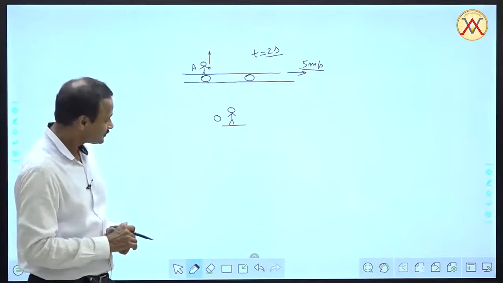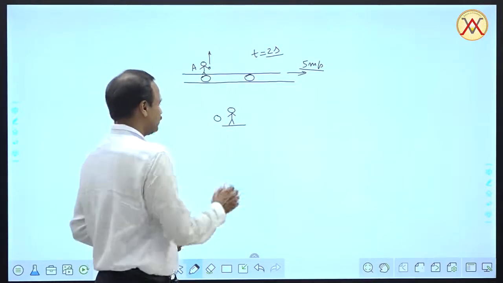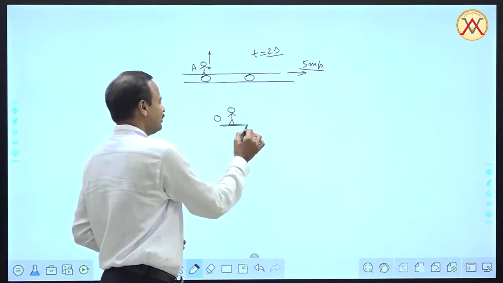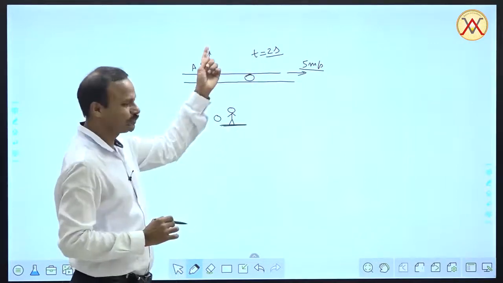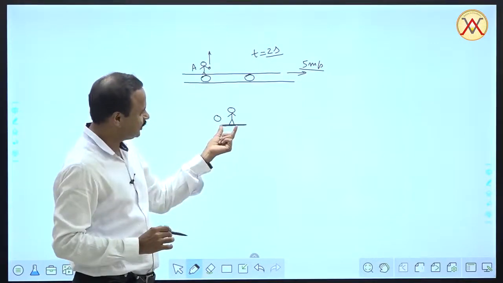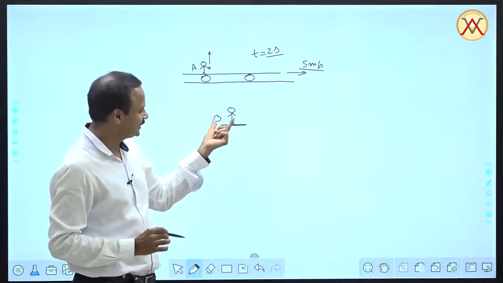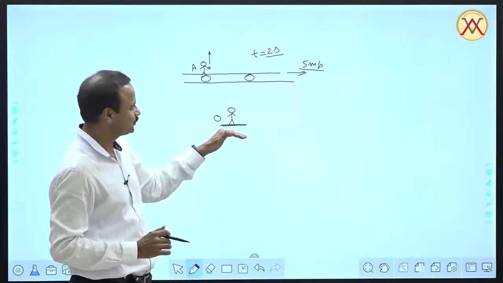All right. Now, what we have to analyze here is: what will be the path of this ball as seen by this ground observer here? This person is not moving with respect to the ground.